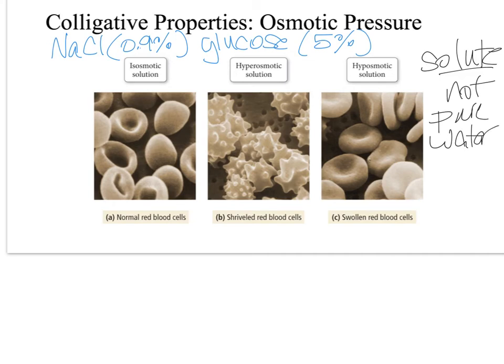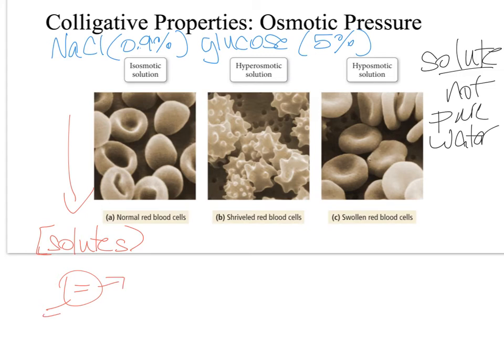Right, so in the case of normal red blood cells, an isoosmotic solution is one where the concentration of solutes inside and outside of the cell is equal. Okay, and I'll just draw sort of a crude cell there.